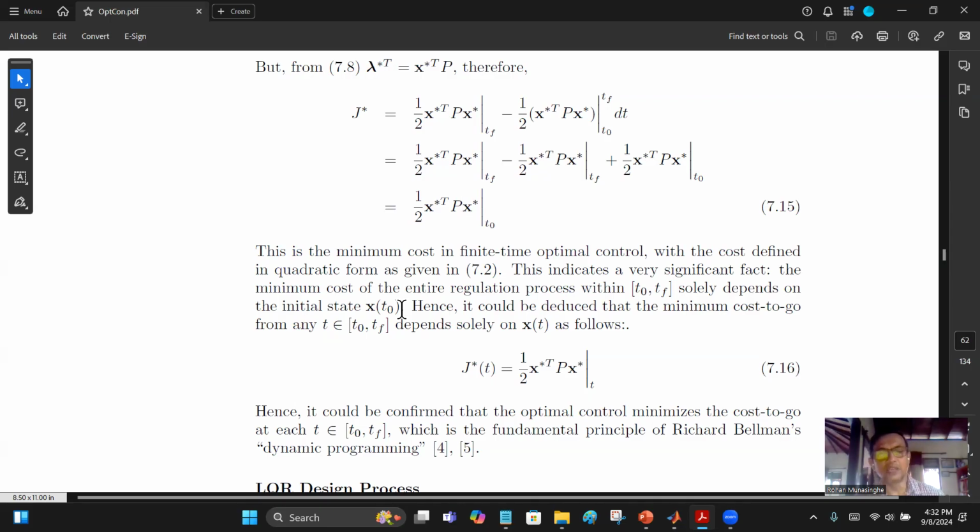Whatever the initial deflection is, if you don't want to spend energy unnecessarily, the minimum cost that you would incur depends on the initial error. So if it is a small error, small energy, small cost; big error, big cost.